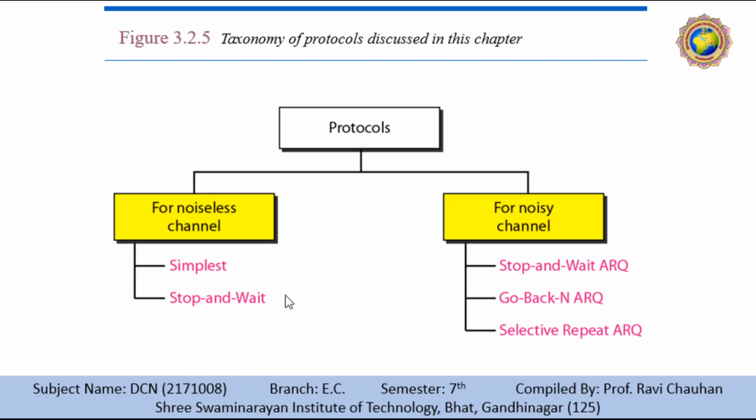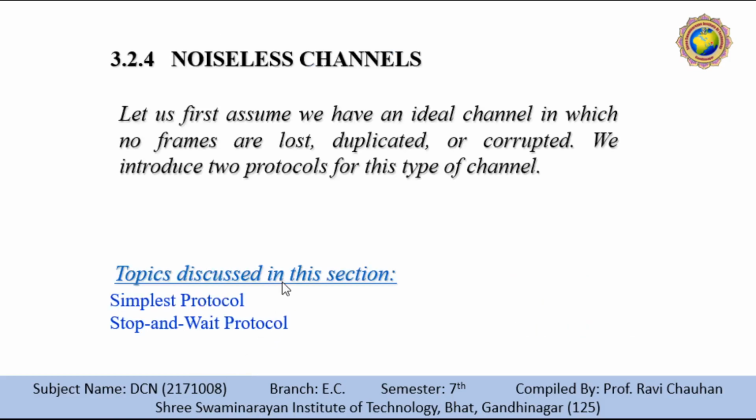So let's start with our noiseless channel. Let us first assume we have an ideal channel in which no frames are lost, duplicated or corrupted. We introduce two protocols for this type of channel. The first protocol does not use flow control, and the second does.